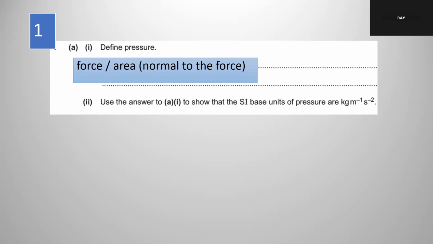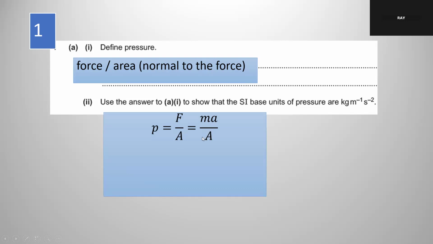Use the answer in A1 to show that the base unit of pressure is that. Definition of pressure is force over area. Force is mass times acceleration.